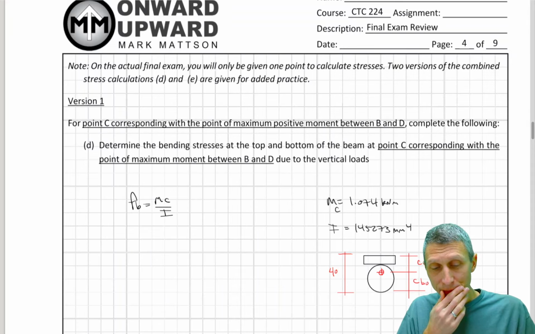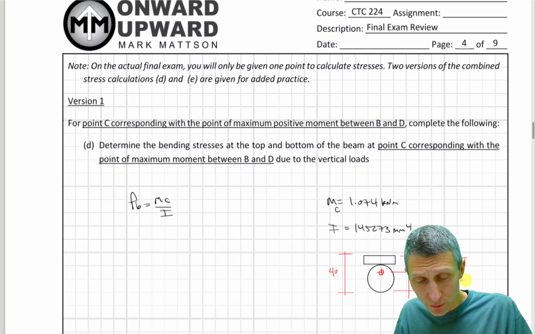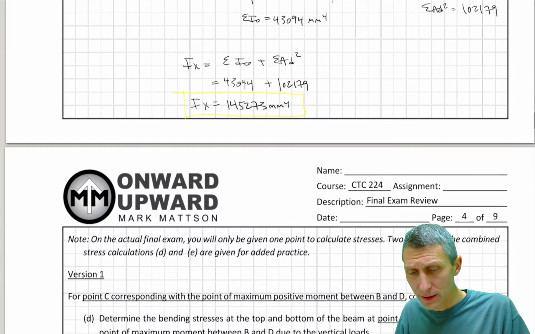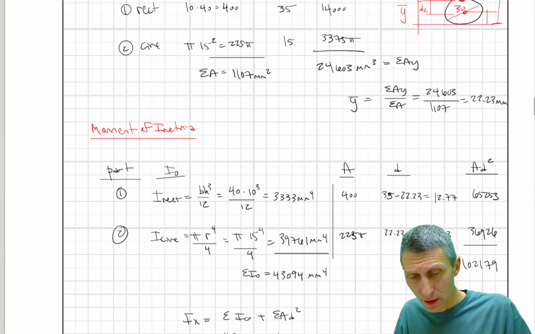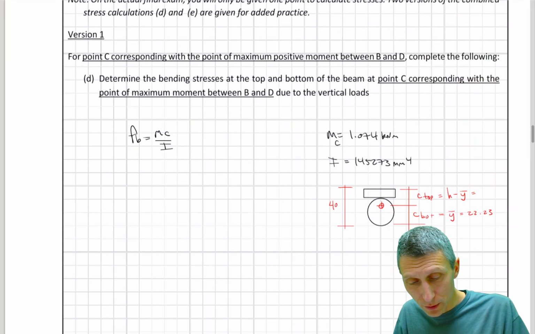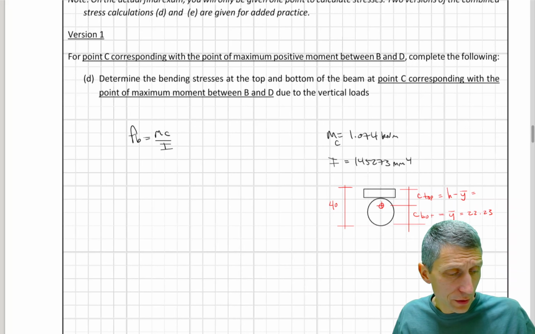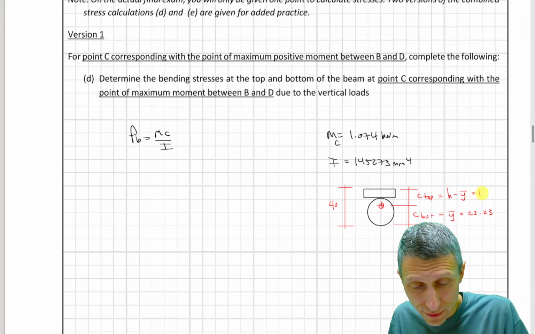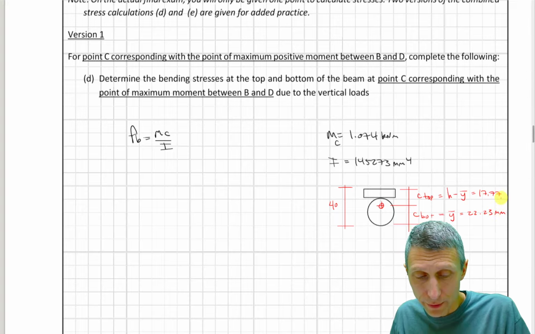If Y bar is 22.23, the top is 40 minus 22.23, which is 17.77, and these are both in millimeters.